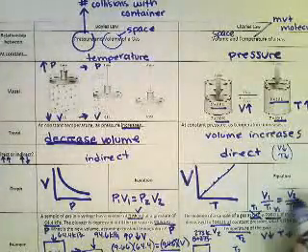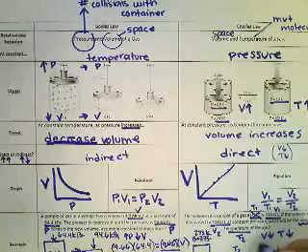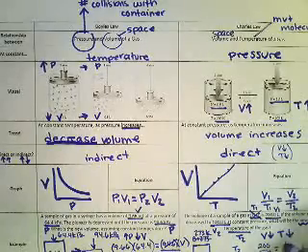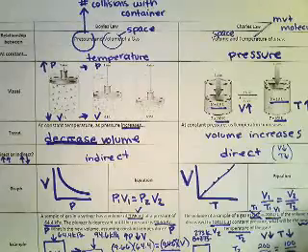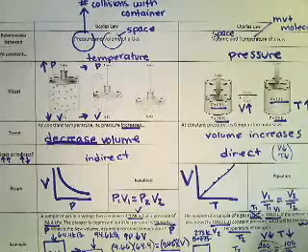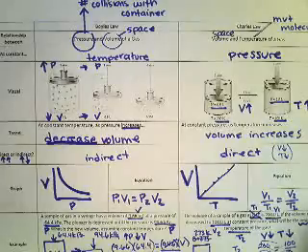When I plug into V1 over T1 equals V2 over T2, I'm going to plug in 200 over 273 equals 100 over T2. I'll cross multiply. So 200 times T2 equals 100 times 273.